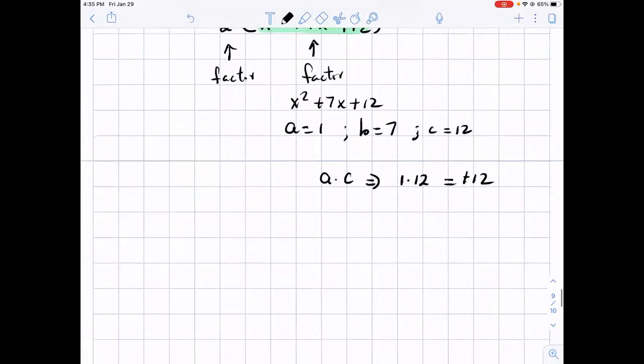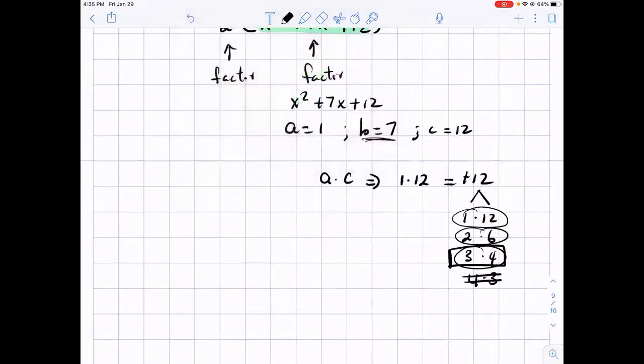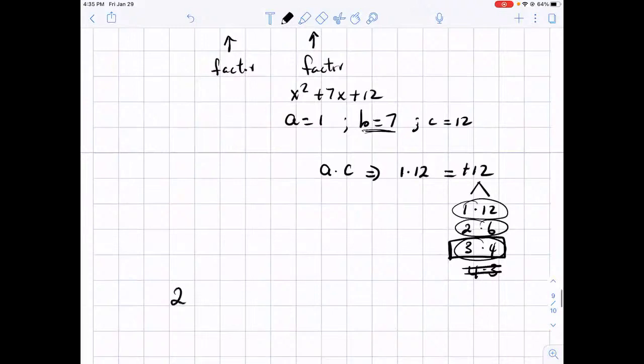And the factors of positive 12 are 1 and 12, 2 and 6, 3 and 4. 4 and 3 is the same, so we could ignore it. Now, is there any pair that adds up to whatever b is? B is 7. And notice that this pair here will work. So we can say 2 times x squared plus 3x plus 4x plus 12.